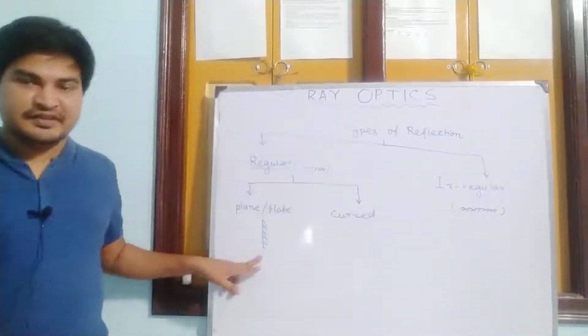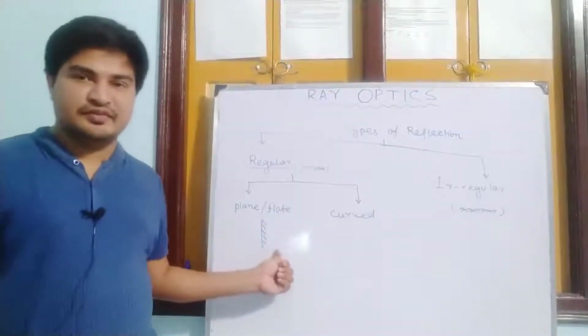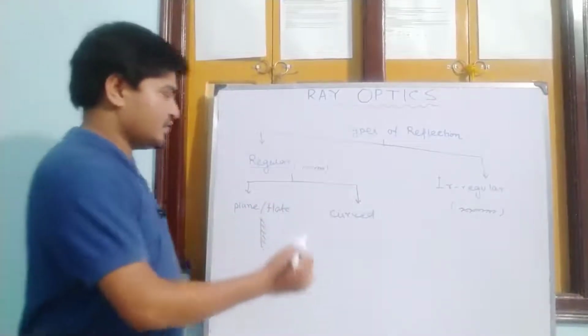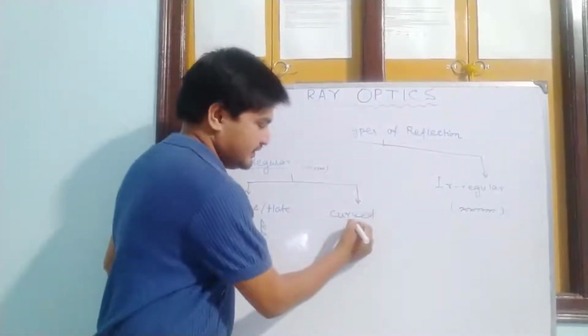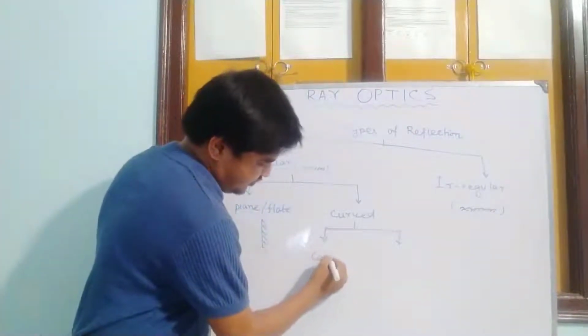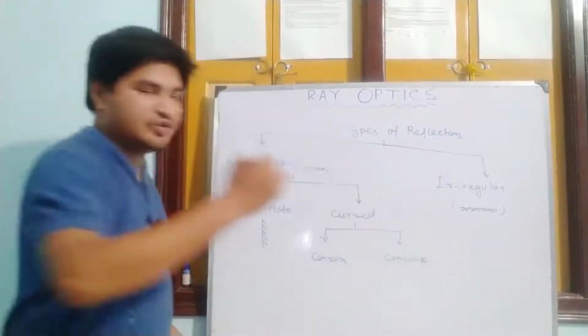This is the plane surface, this portion is the reflecting surface, and the other portion is coated. And in case of a curved surface, it is also divided into two parts. One is convex, another is concave. What is convex?